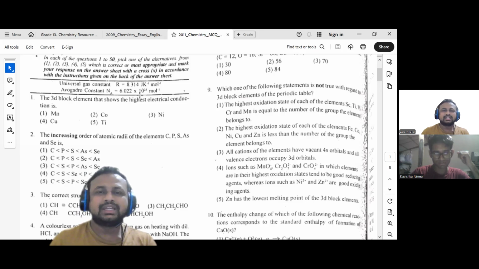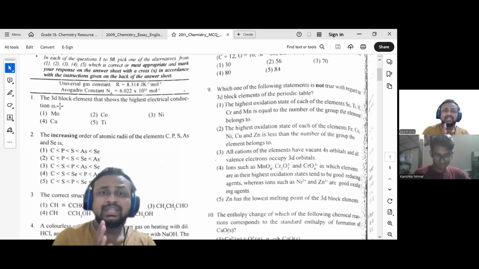But I would like to explain using chemistry. How do we obtain it? If you can write this down, that's good. Not many points. First, all the elements here are 3D block metals.